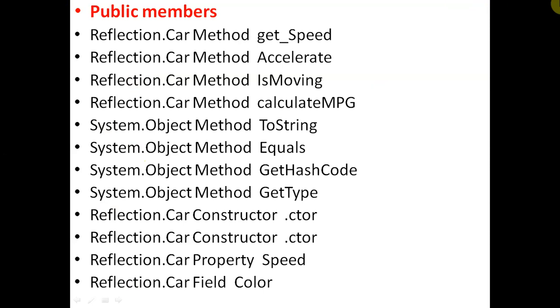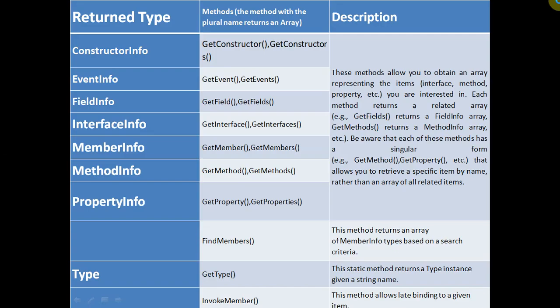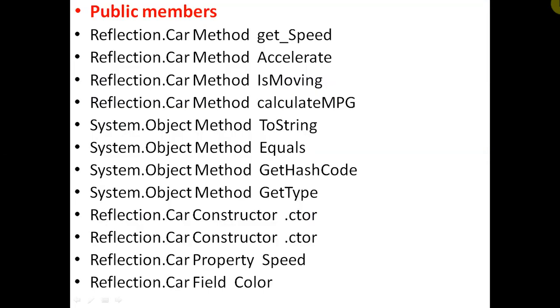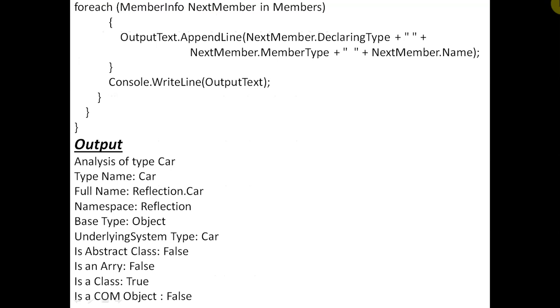Basically the main idea behind reflection is that it reflects about the class, and car is the class in this particular case. It will return all the properties of the class, its members, methods, properties, events, its assembly, its namespace, everything about the class.